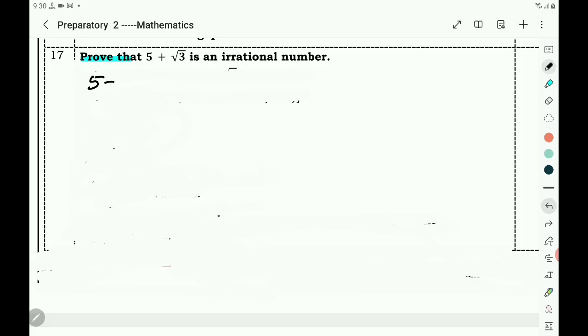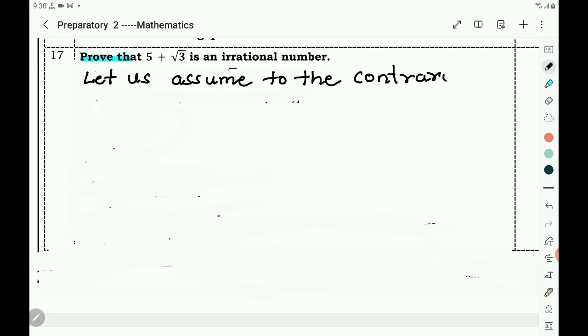Let us assume to the contrary that 5 plus root 3 is a rational number.